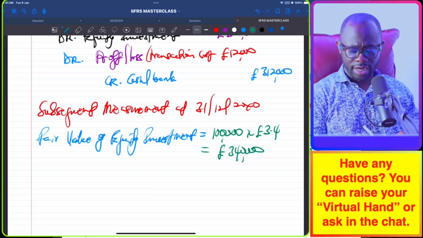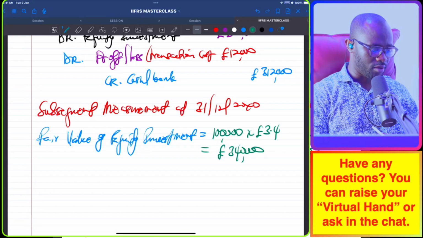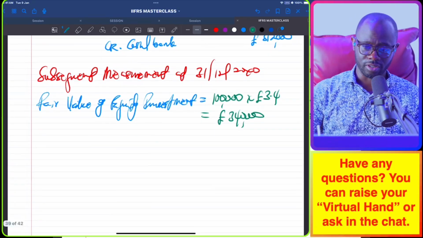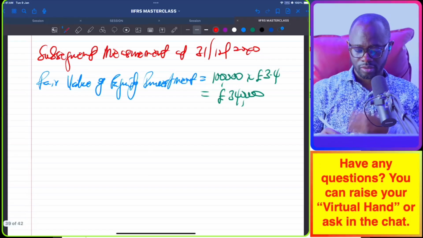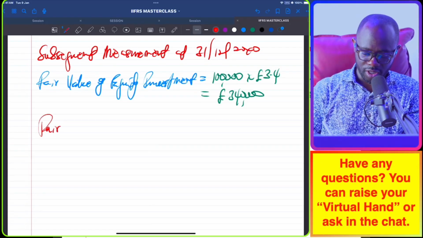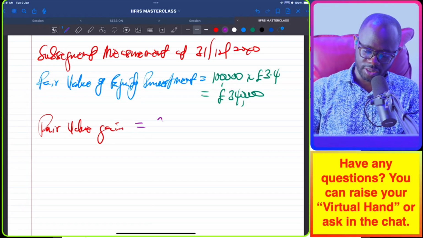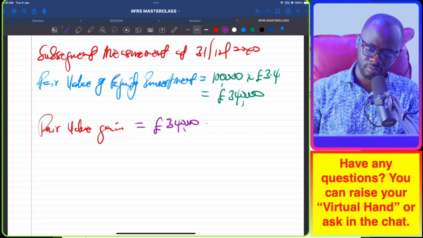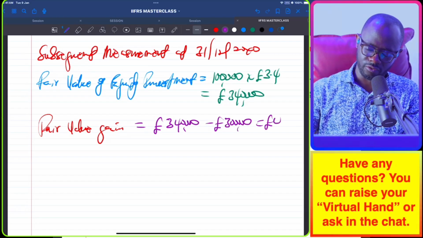So our investment has gone up by 40,000, which must go to profit or loss. Fair value gain is 340,000 minus 300,000, which is 40,000.